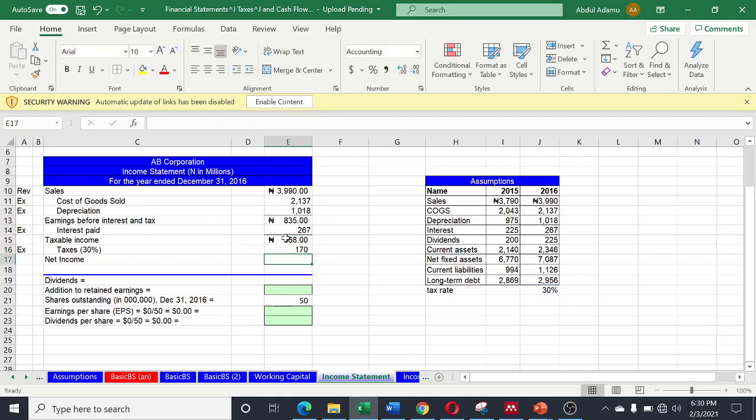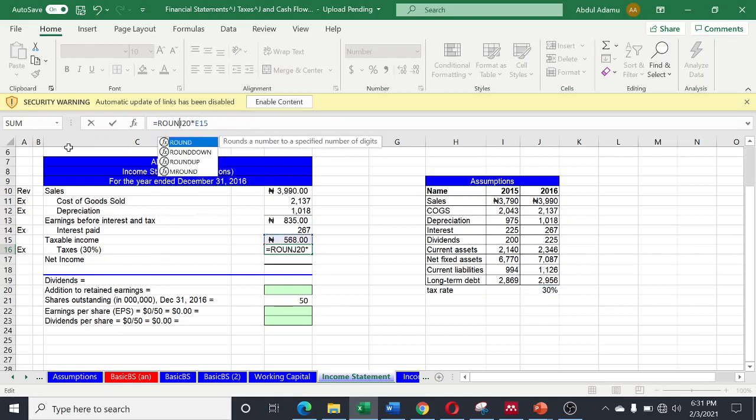We press enter. Now, if you look at this answer, it may be in decimal points. We don't want to see the decimal point, so you can round. By using the round function, you come to the formula bar. The round function will round to 0 decimal places.